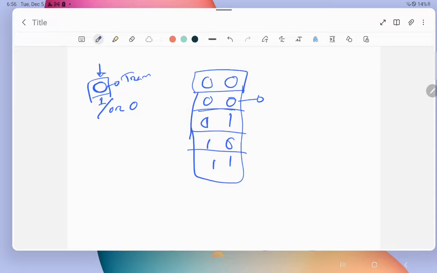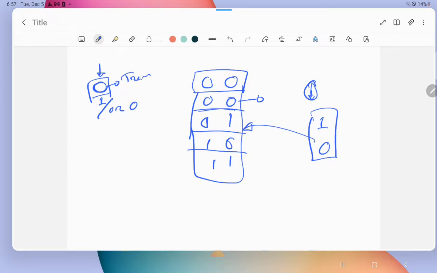Now what about a qubit? What is actually a qubit? A qubit has two states: one is up and one is down. If you take the up state as 1 and the down state as 0, then a qubit is similar to the classical computer.